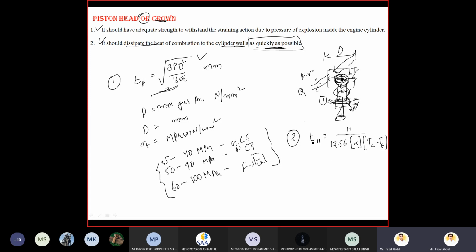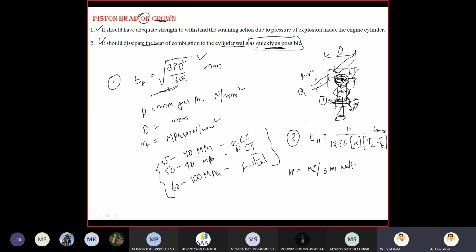This thickness is measured in mm. Now what is H here? H is the heat flowing through the piston head, in kilojoule per second or watts.